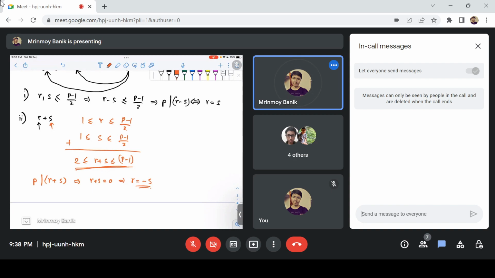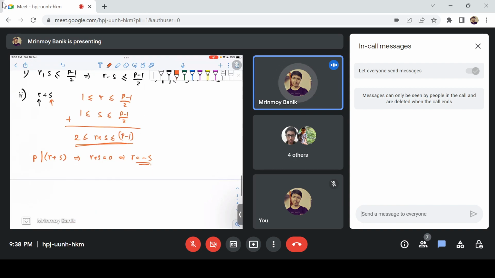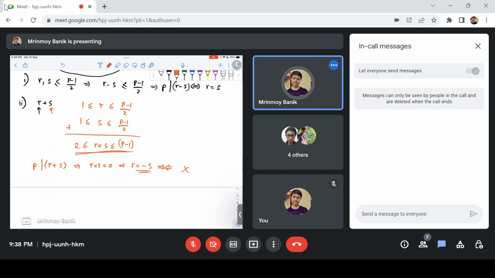And our initial assumption on r and s makes it impossible for s or r to take up any negative values, right? It's greater than 1. So this case doesn't yield any solution.